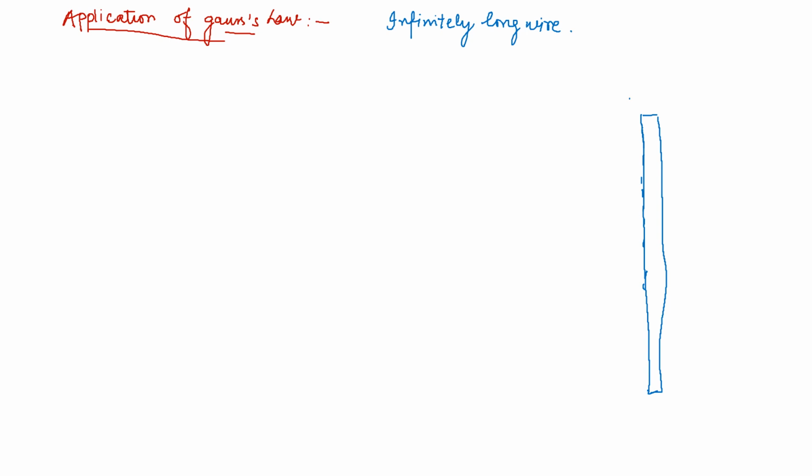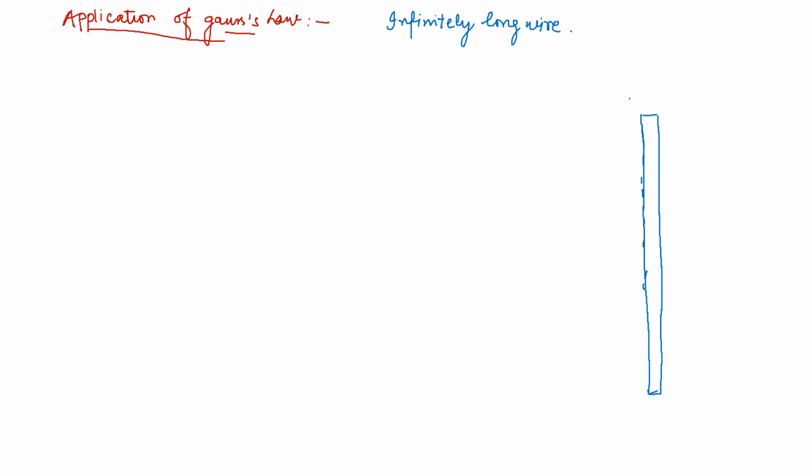Okay, so this is our wire. It is a little misshapen, so we'll try to make it in shape so that we get a good diagram. So this is the wire we have got.